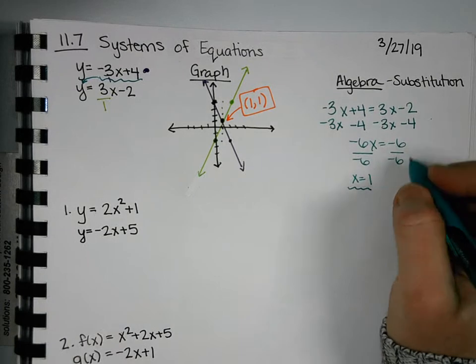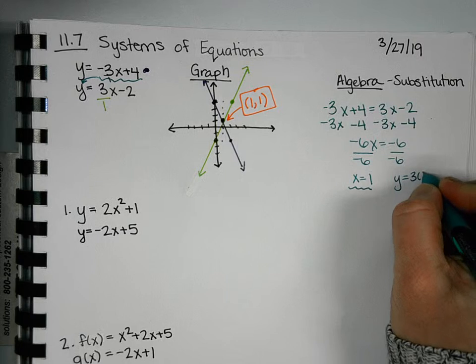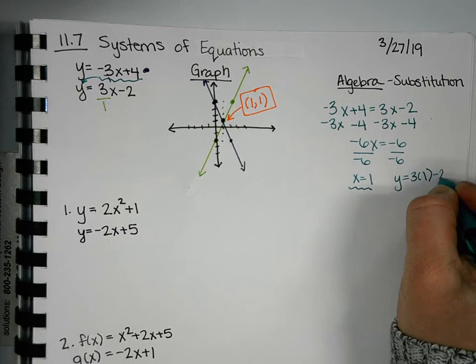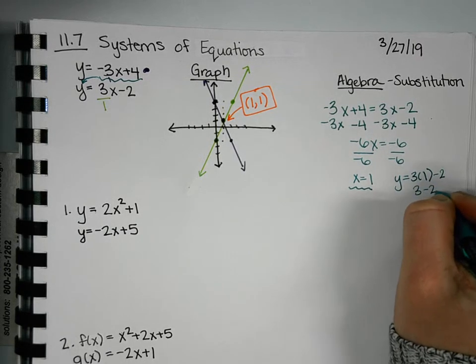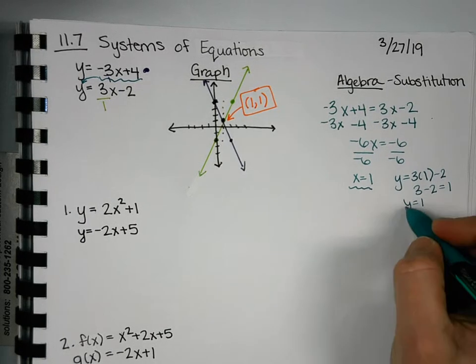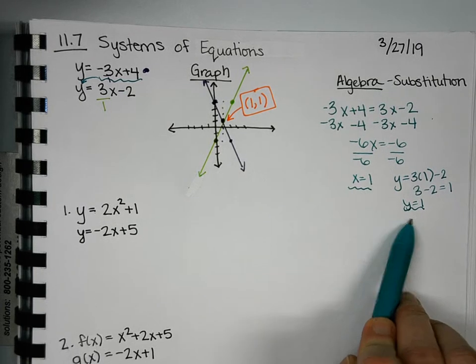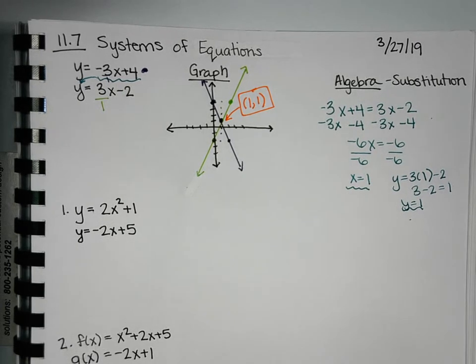So if I choose the second equation, y is equal to 3 times 1 minus 2. 3 minus 2 is 1, so y equals 1. So what did I get for my x and y? 1, 1, which is the same thing we got by the graph. And it should match up if you did it correctly.